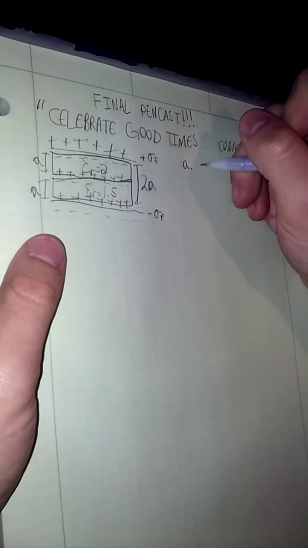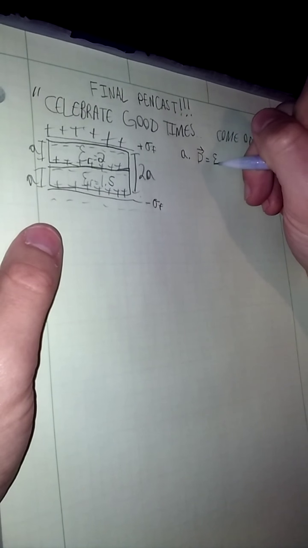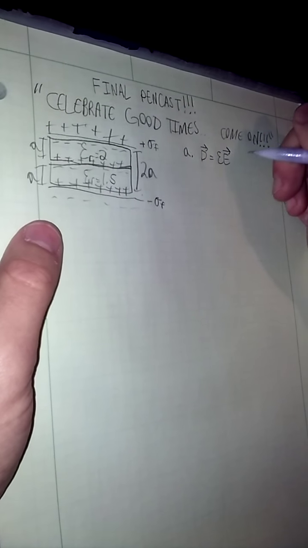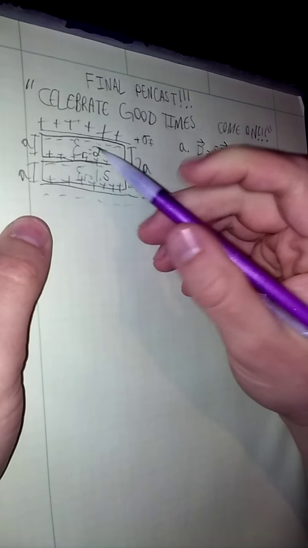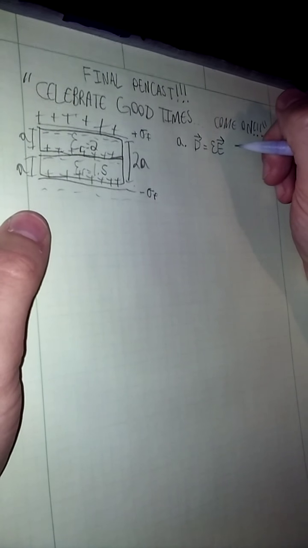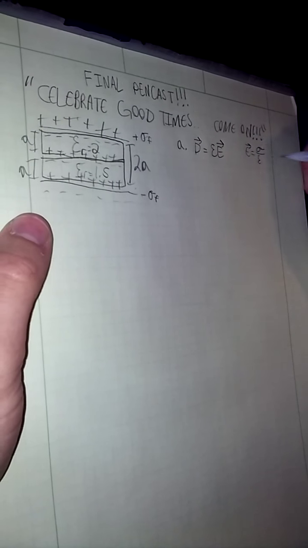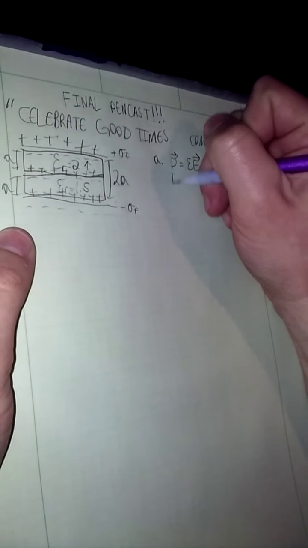So D, for linear dielectrics, is epsilon E. If we take these to be infinite plates, we know that the electric field is sigma over epsilon, and E inside here goes from positive to negative, so in the positive z-hat direction.